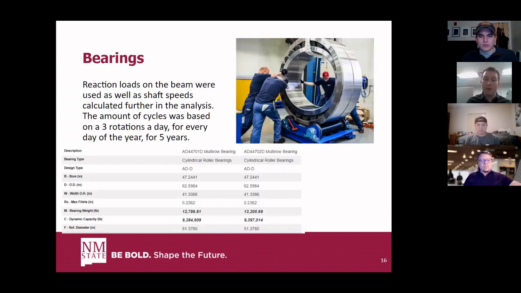Now if we go back to this table right here, everything is in pound force. After you do the conversion to kilonewtons, we are well beyond the C10 that we needed.